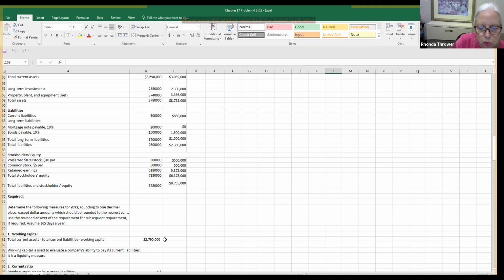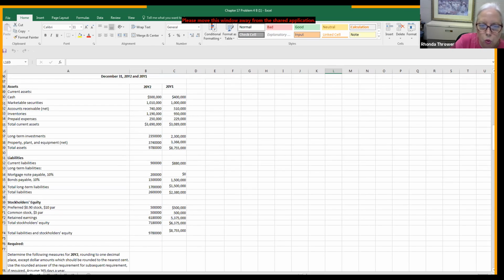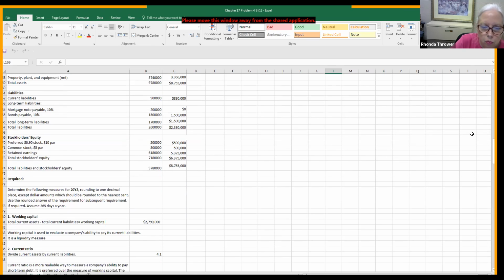So what you would do in the real world is you would measure this figure, which is the figure for 2000 Y2, and you compare it to what happened in 2000 Y1. So they didn't ask you to do the measure for 2000 Y1. They only asked you to do it for 2000 Y2.